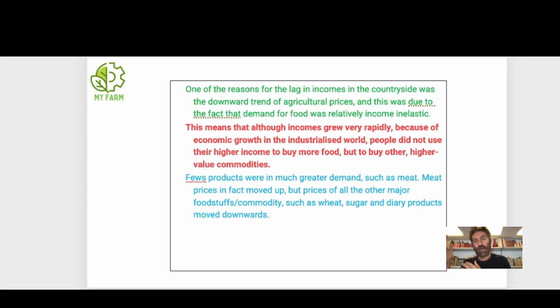But when the economy reaches a higher level, then with growing income, this share of income will be devoted to buying products that do not originate in the primary sector.